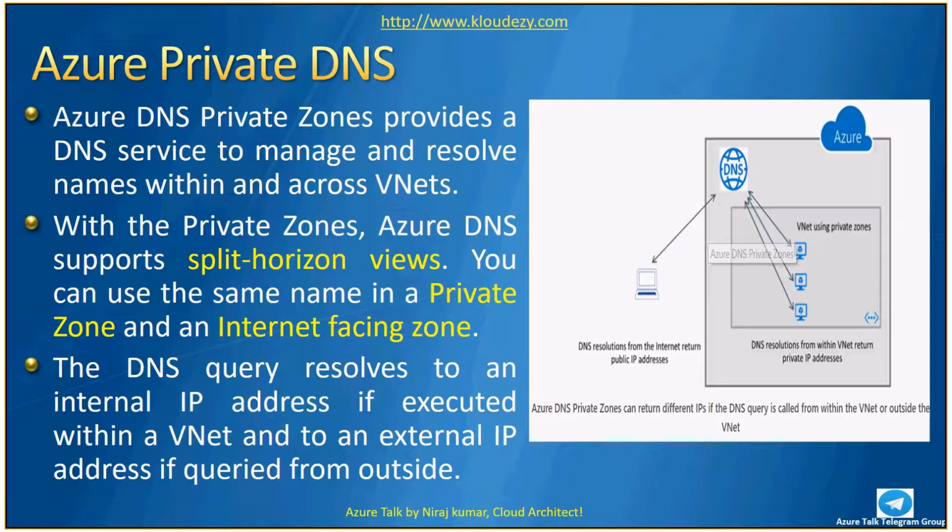It works across the VNet. If you have a multi-VNet infrastructure and you have hosted a private DNS zone in Azure DNS, the VMs can use this zone for name resolution within the VNet and across the VNet. So that's one enhancement that has happened.